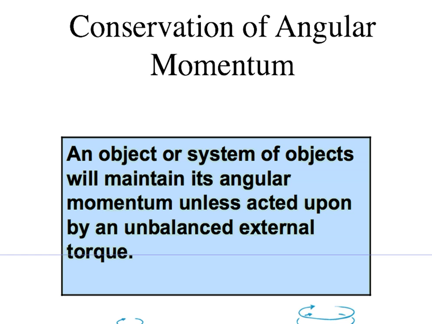We will now look at the conservation of angular momentum. Just like linear momentum is conserved when there are no external forces acting on a system, in the case of angular momentum, if there are no external torques, then angular momentum is conserved. Angular momentum is the product of the moment of inertia times the angular velocity. This is similar to regular momentum, which is mv.